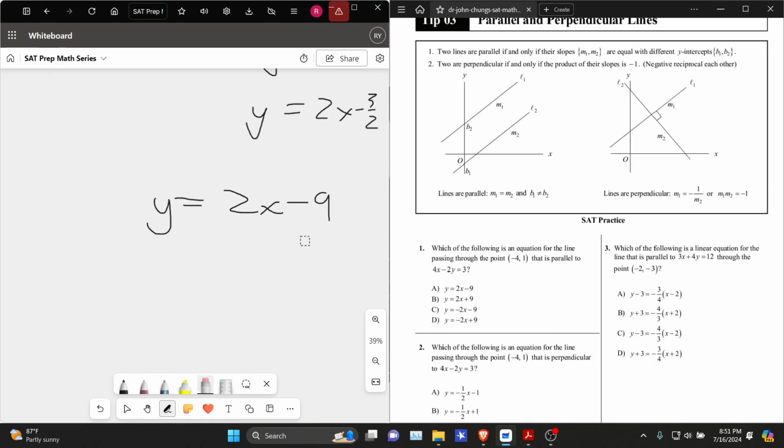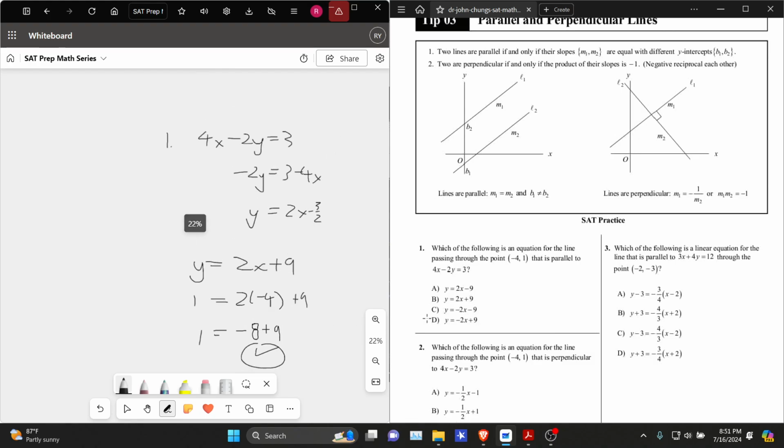To check that, we can put a plus sign there, which is the only difference, and you can see that this does equal 1, because we get -8 plus 9, and that's equal to 1. That's why the answer should be B.